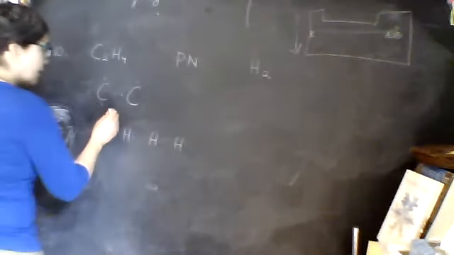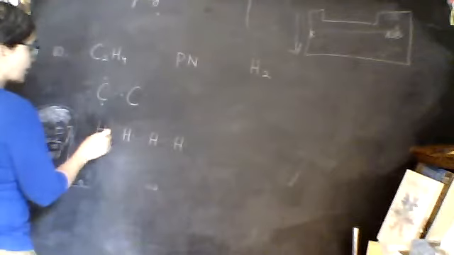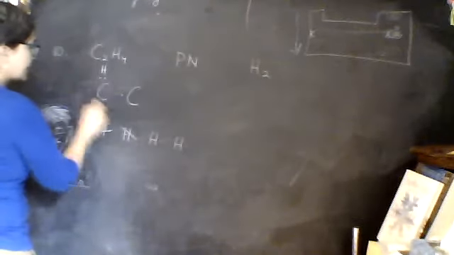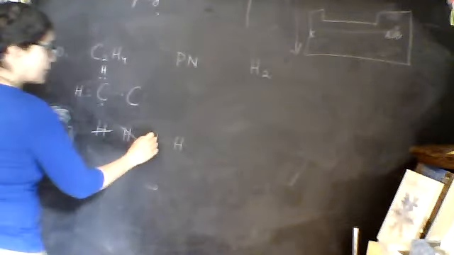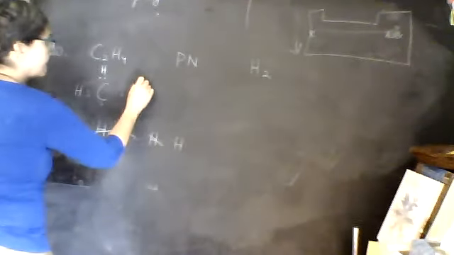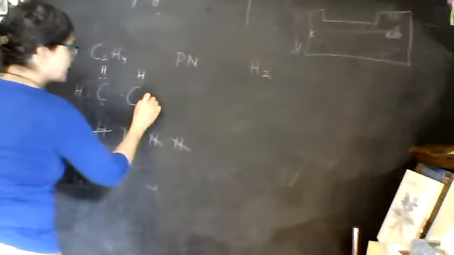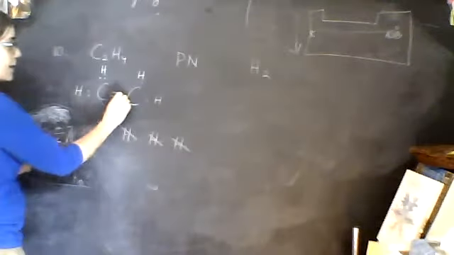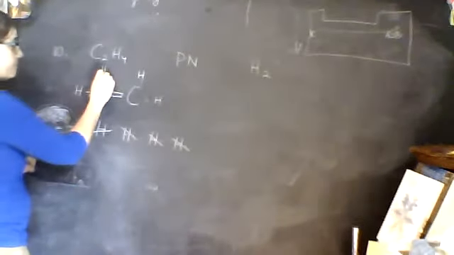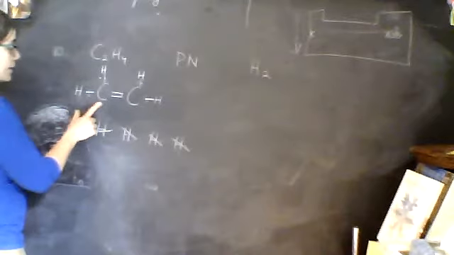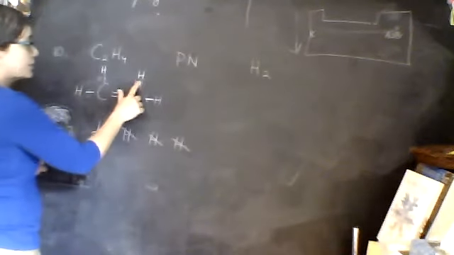So let's put one of these H's here, one here, one here, one here. Now we've got these two, so it's going to make a double bond here. So it's going to look like that when we're done. Okay, and there's going to be no loose electrons. See that? No loose electrons.